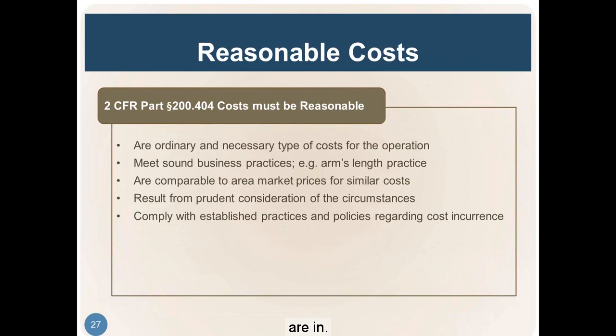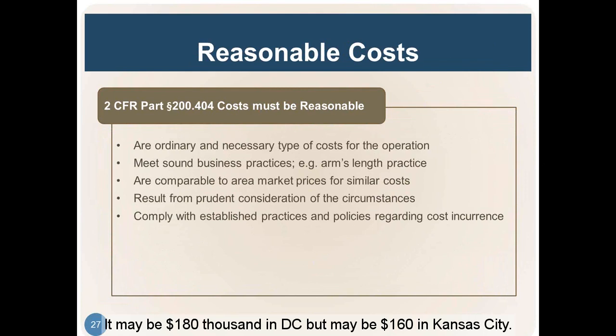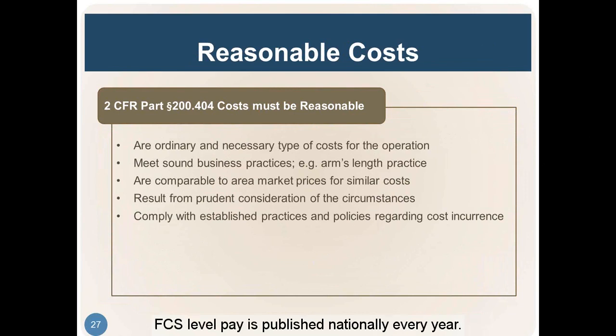So it may be 180,000 in DC, but it may be 160 in Kansas City. Don't quote me, I'm just saying that it varies. SES level pay is published nationally every year. So if you use that as a benchmark, you could have an actual U.S. government source for your basis.